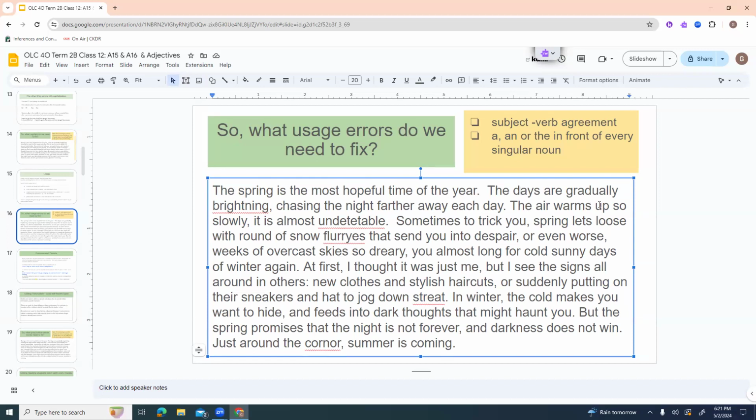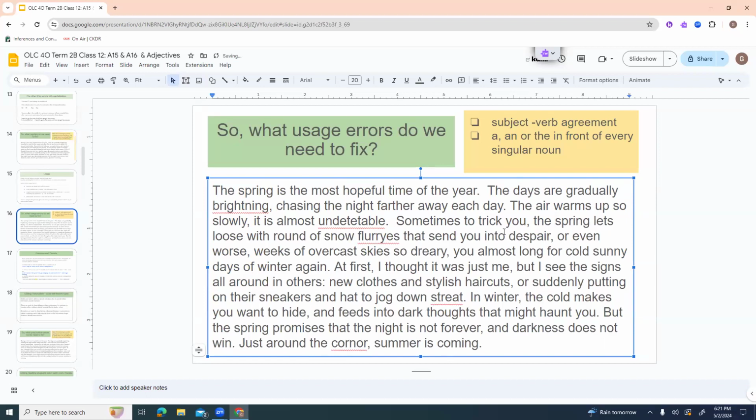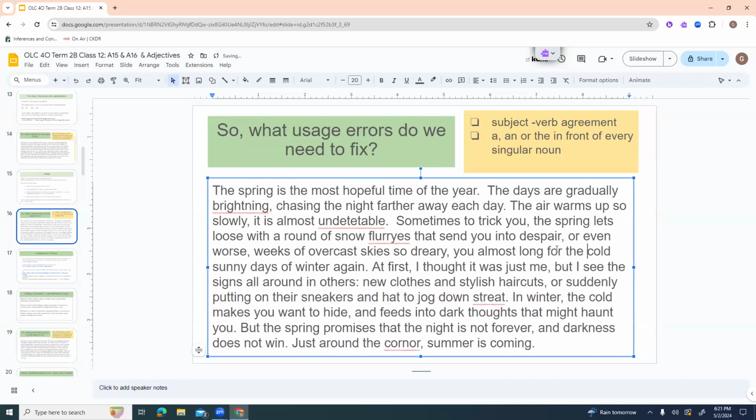"The air warms up so slowly it is almost undetectable. Sometimes to trick you, the spring lets loose with a round, a round of snow flurries that send you into despair, or even worse, weeks of overcast skies so dreary you almost long for the cold, sunny days of winter again.